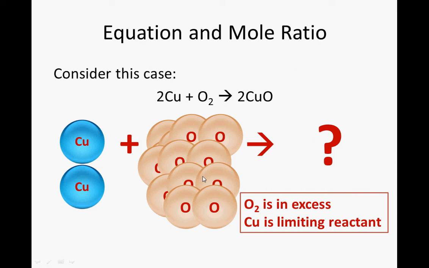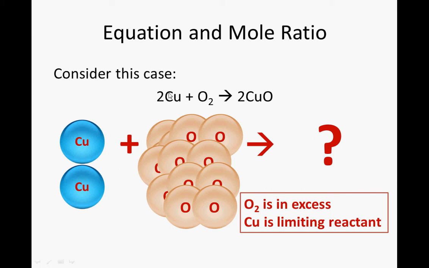It should instead depend on copper, because there are only 2 copper. There cannot be 3 CuO formed. There cannot be 4 CuO formed. There must be at most 2 CuO formed, because there are only 2 copper. So we say copper is the limiting reactant in the chemical reaction.